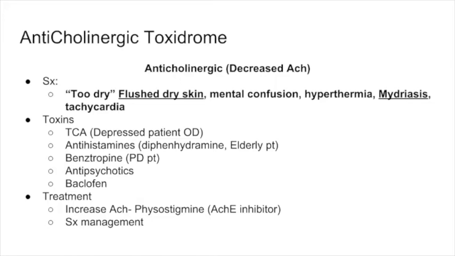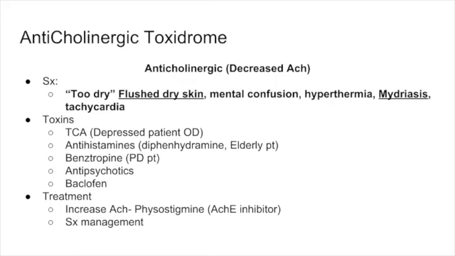The toxins that cause anticholinergics are a bunch, and mainly the biggest things that I want you to remember are the tricyclic antidepressants and the antihistamines. Tricyclic antidepressants, a classic example would be a patient who's depressed that overdosed on tricyclic antidepressants.